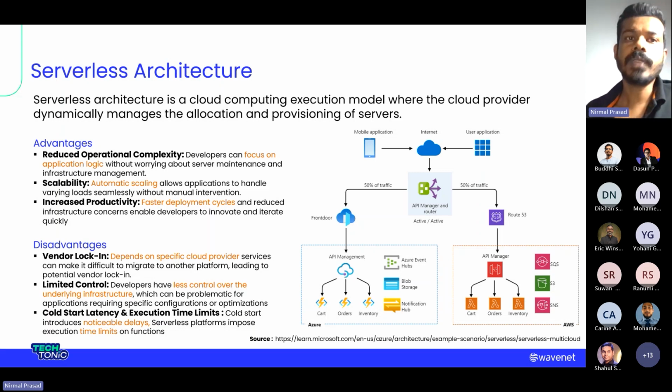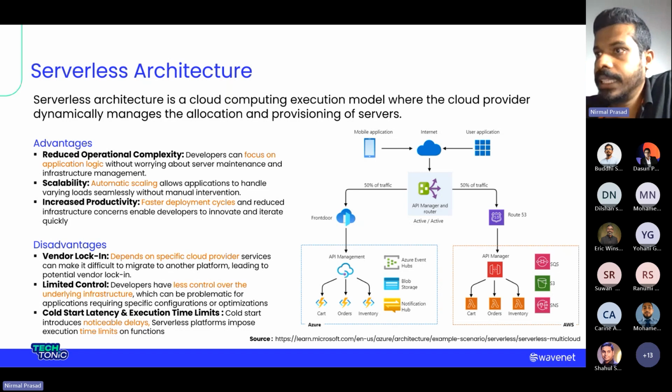Another thing is cold start latency. That means in this kind of architecture, if a cloud function is idle for a certain period, and after the idle period you send an event or message to that function, it takes considerable time to respond. We call that cold start latency.